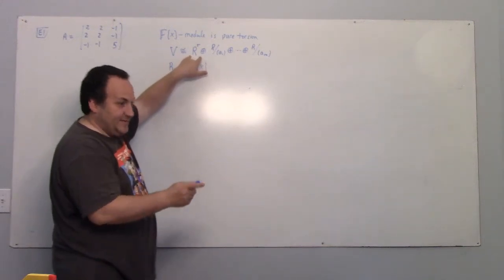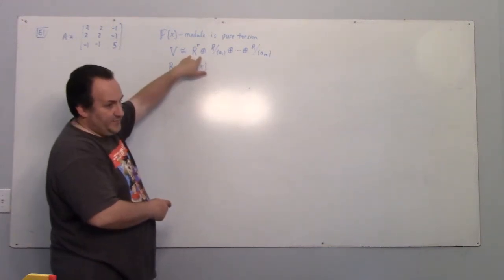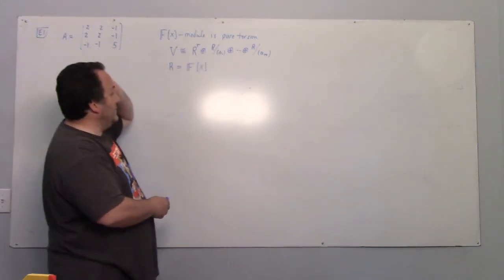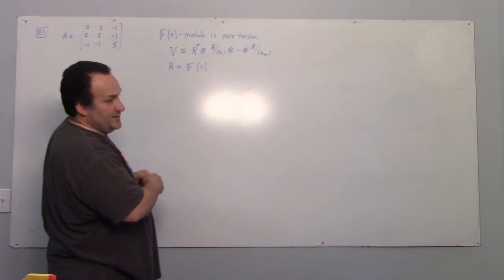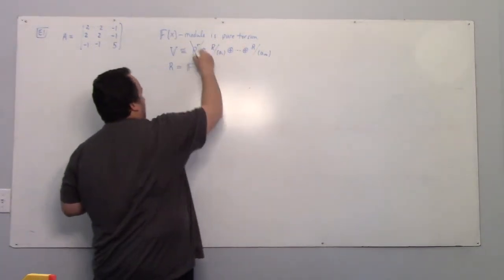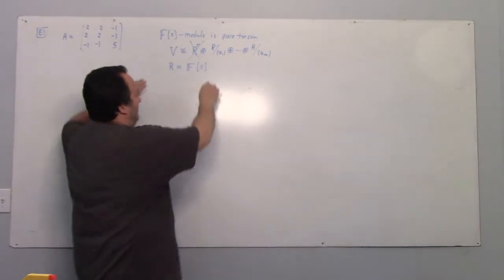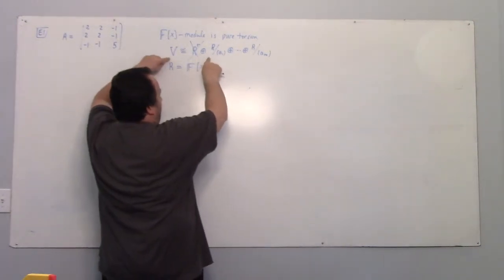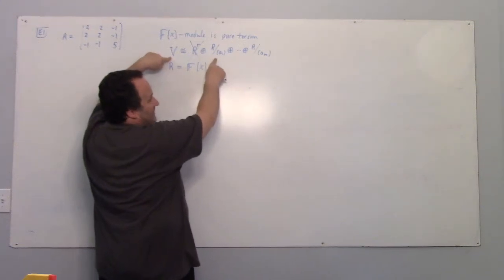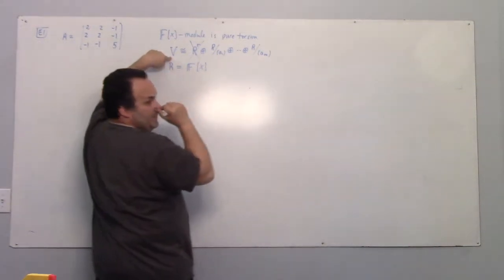So that tells us the free rank of the F[x] module is 0, which is to say it's pure torsion. So we can just cross this piece out, and we're going to be able to decompose. So the decomposition theorem says the vector space is decomposable as F[x] module mod this, right?